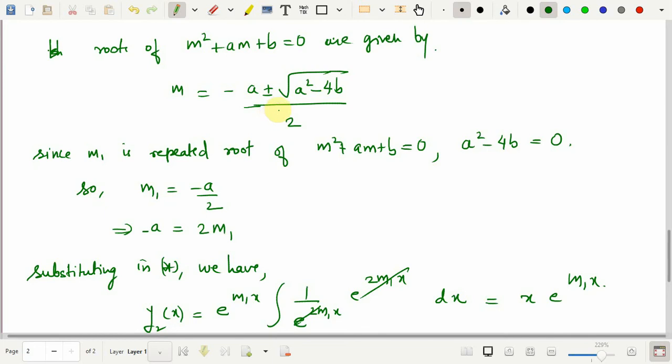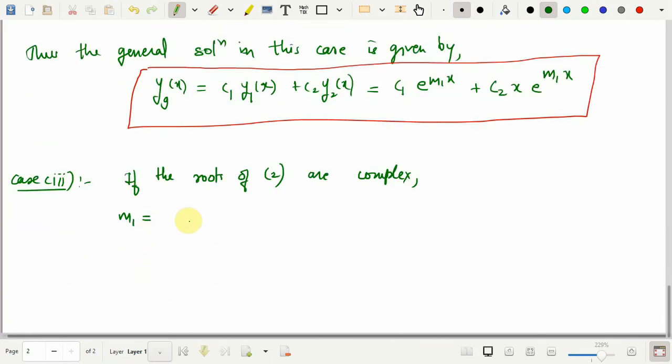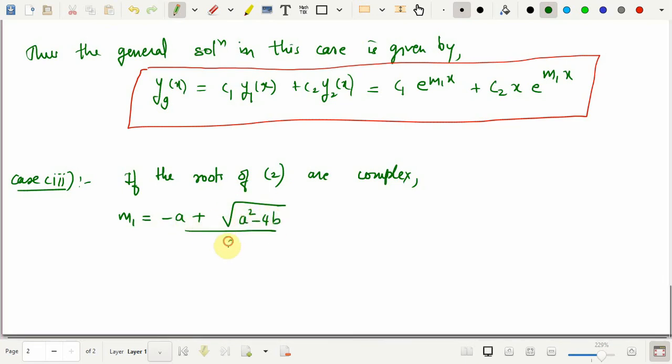And if they are complex, then a square minus 4b has to be negative, right? So the first root m1 is minus a plus root of a square minus 4b upon 2, and m2 is minus a minus root of a square minus 4b by 2.